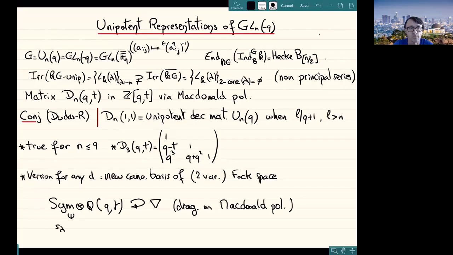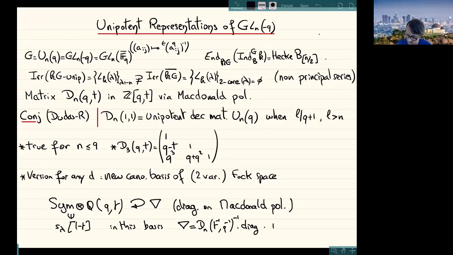We take S lambda and we take a plethysm with respect to 1 minus T. So in this basis, we write nabla as a product of a certain diagonal matrix, Dn of T inverse, times Dn TQ. I wrote the matrix as QT, and here I'm saying TQ, it doesn't matter.